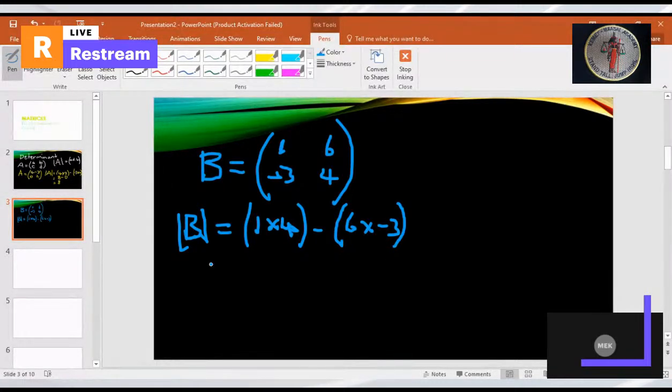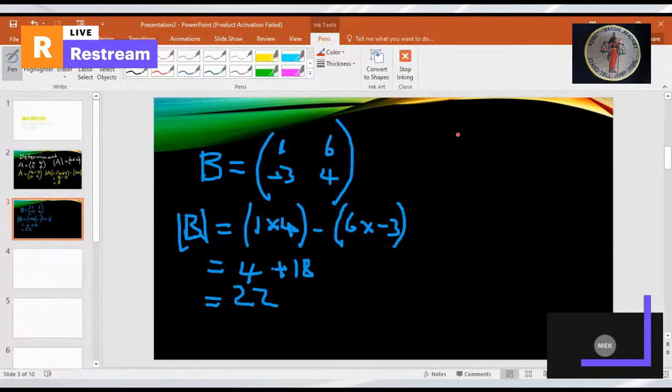And that would be 1 times 4 is 4. 6 times negative 3 is negative 18. And multiplying it by this negative that's in front of the bracket here, negative times negative will be positive. So it will be 4 plus 18. And that will be 22. So the determinant is 22.